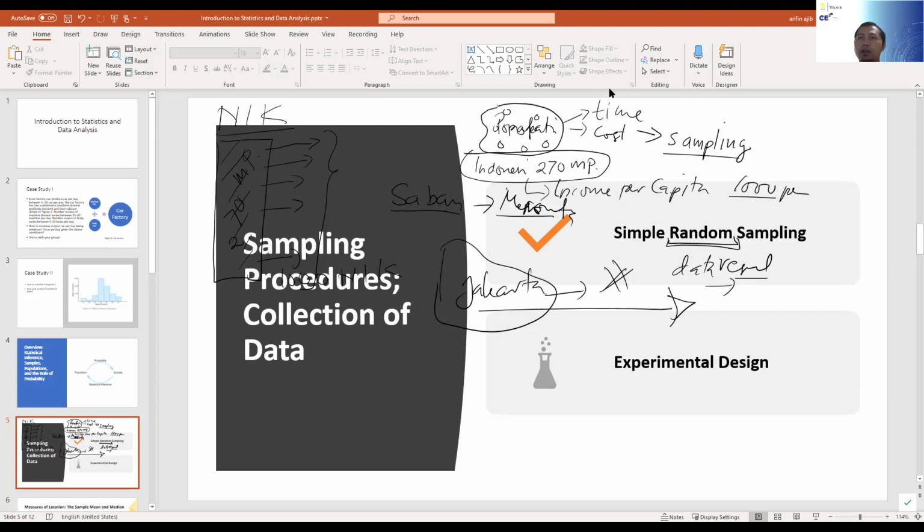If you can see, for example, this is the map, this is Sumatra, and this is Jawa, and this is Sulawesi, and this is Bali Nusra, for example here, and this is Papua.